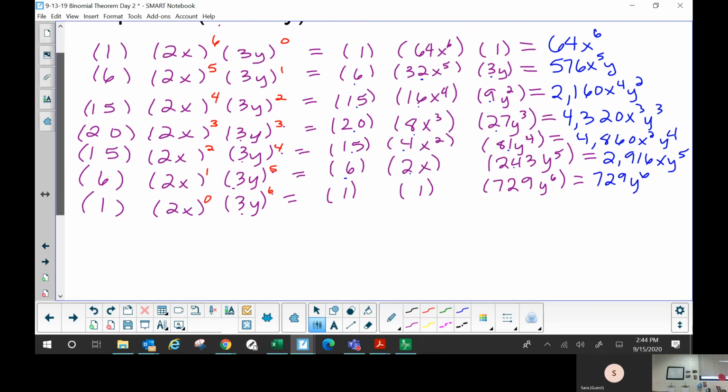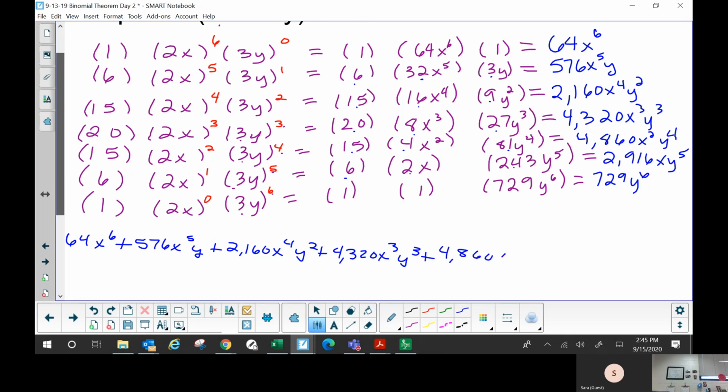So let's see if I have room to write them out. 64x to the sixth plus 576x to the fifth y plus 2,160x to the fourth y squared plus 4,320x cubed y cubed plus 4,860x squared y to the fourth.